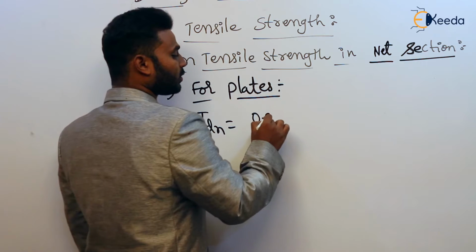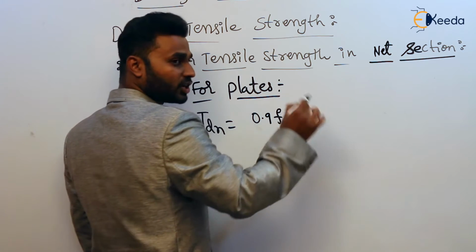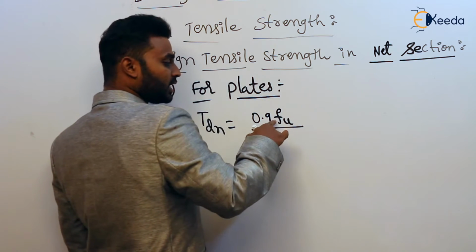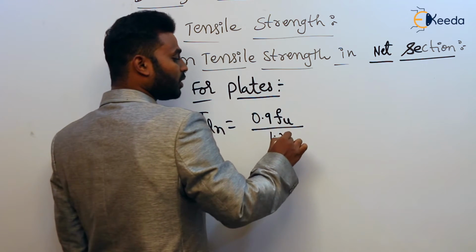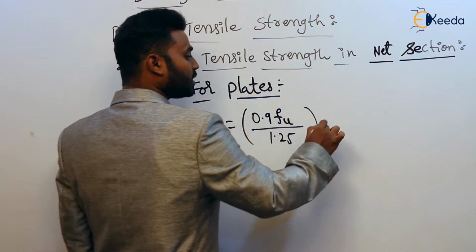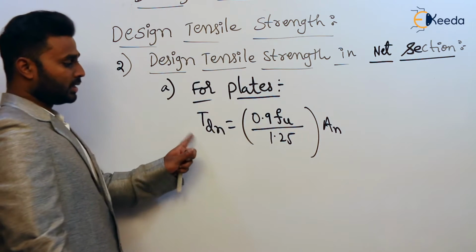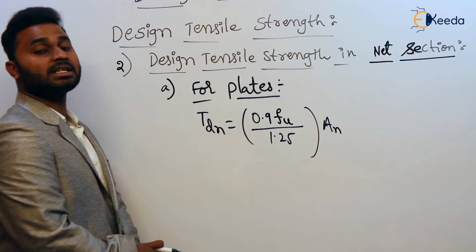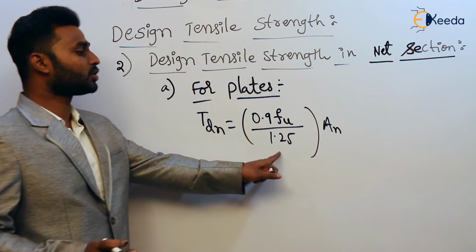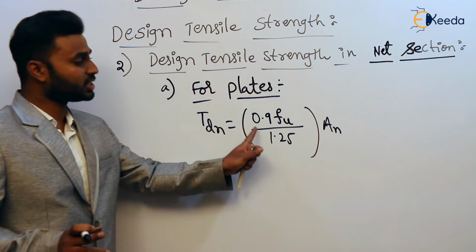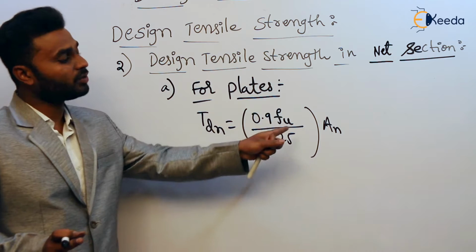So for that we have to consider the stress Fu, because it is fracture. Whenever we consider the ultimate stress, we have to use the factor of safety 1.25 into An. This is the design tensile strength in net section rupture: area into stress, so 0.9 Fu by 1.25 into An.